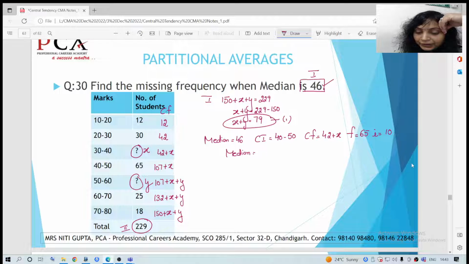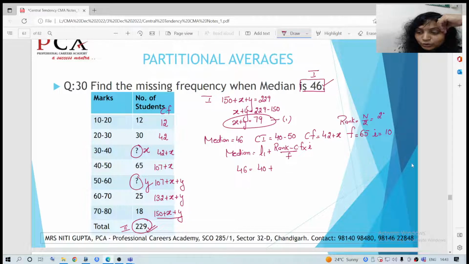Median equals L1 plus rank minus CF upon F into i. So L1 is 40 and median is 46. Now rank is n by 2. Don't take n as 150 plus x plus y; you have been given the total value 229.